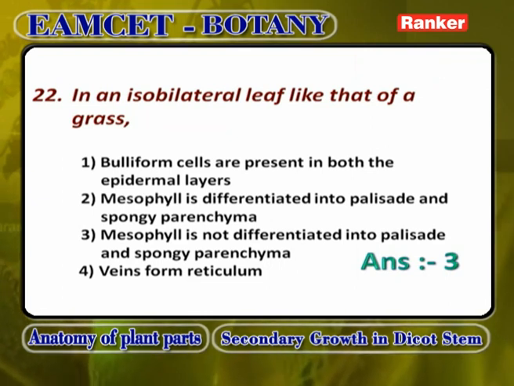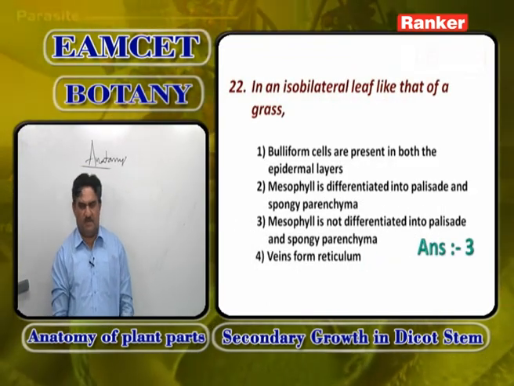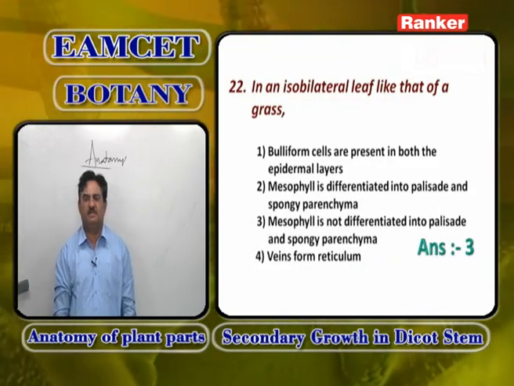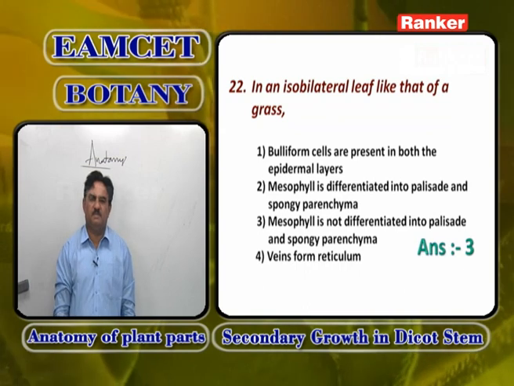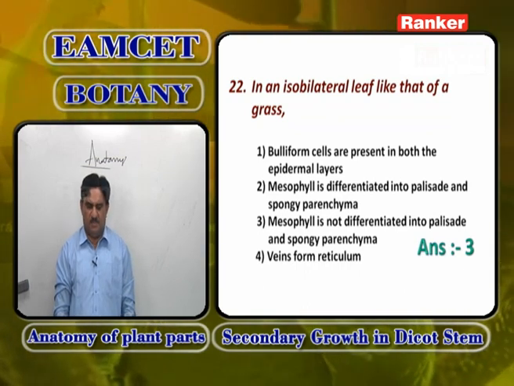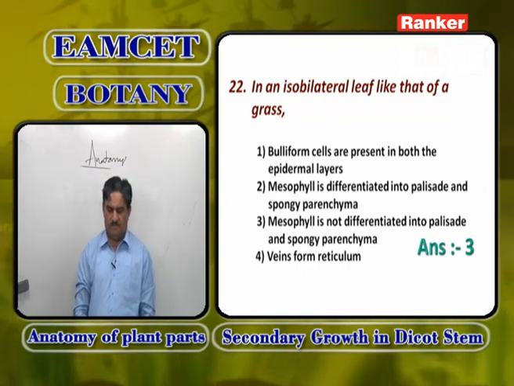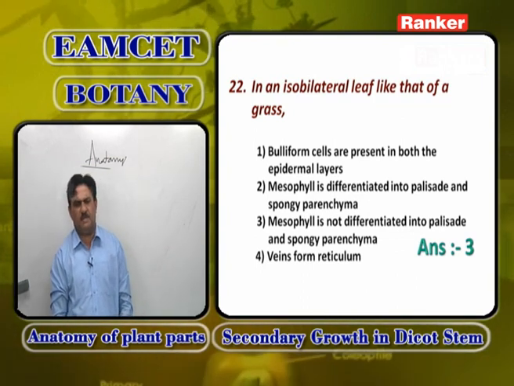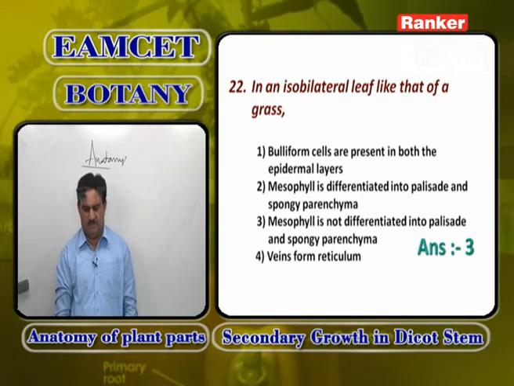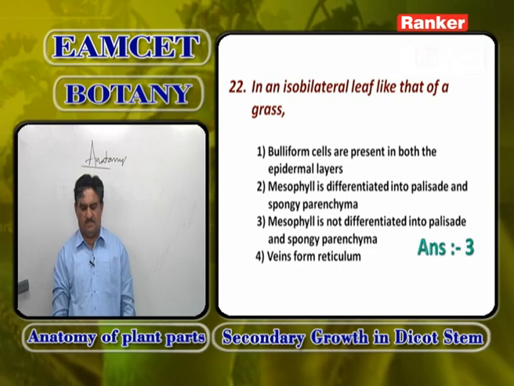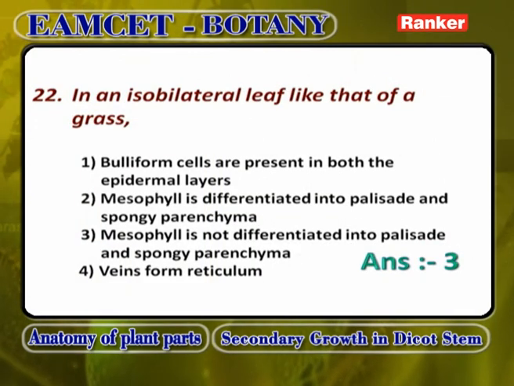Mesophyll is filled with homogeneous chlorenchymatous tissue. Veins form reticulum is also wrong, though some grasses like smilax show reticulate venation. So the correct answer is mesophyll is not differentiated into palisade and spongy tissues. Third option.